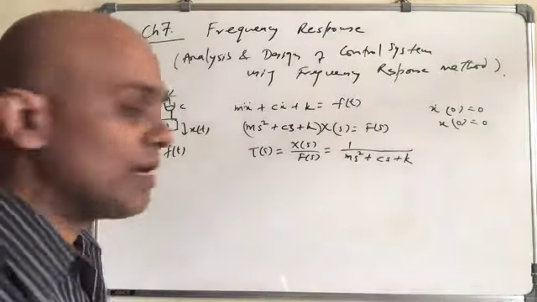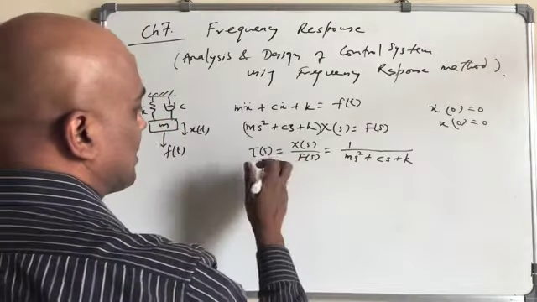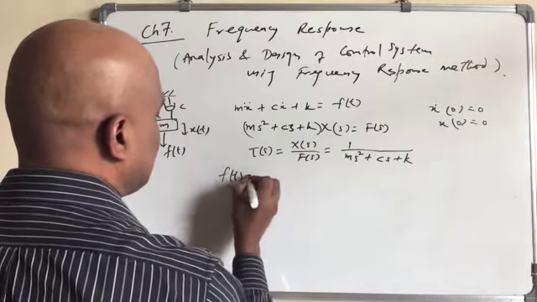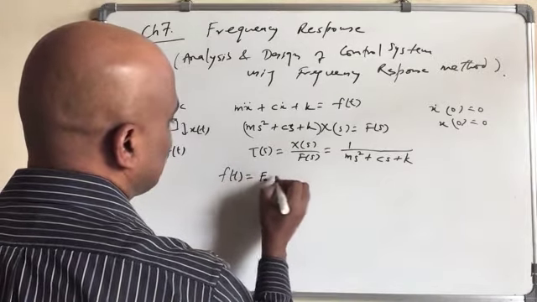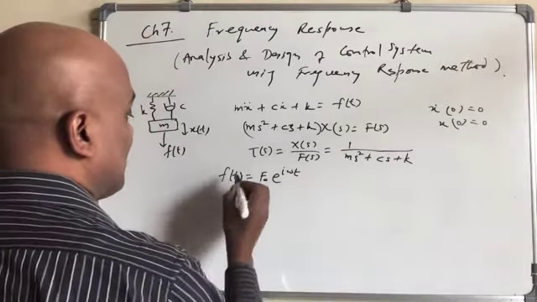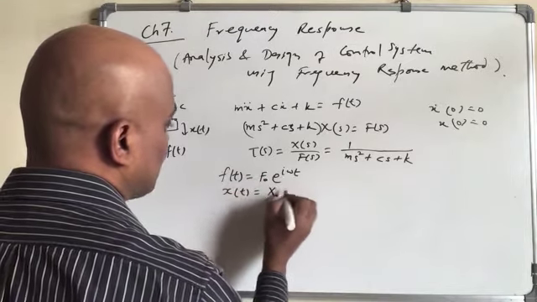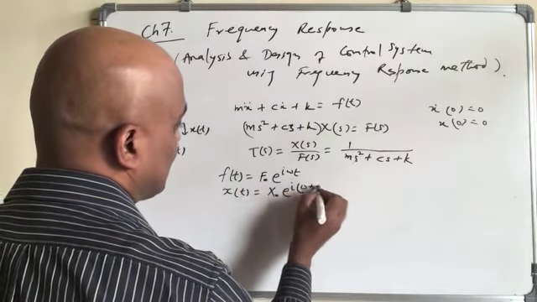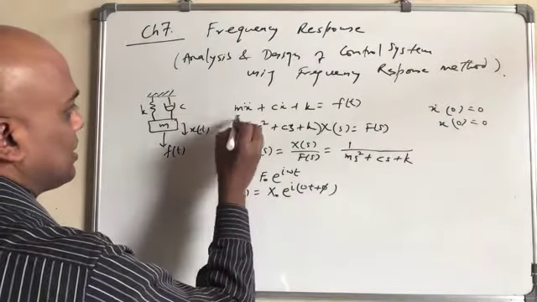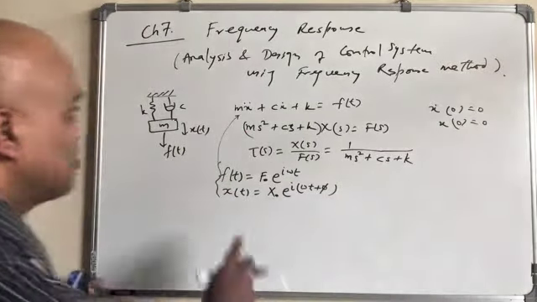Then if you want to find out how this behaves, let us say F(t) is equal to F naught e to the power i omega t, then we assume that x(t) will be of the form x naught e to the power i (omega t plus phi). You put it in this equation, and what did you find?